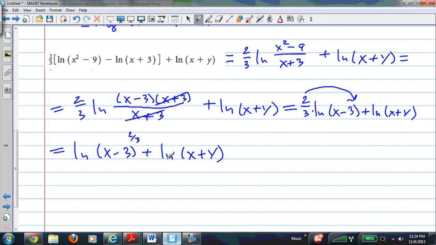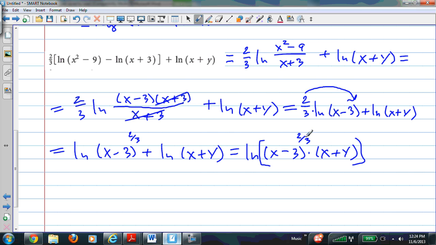So here I have a sum of two logarithms with the same base. So I can put them together using the product rule. So x minus 3 to the power 2/3 times x plus y. So all of that is on the inside of that log.